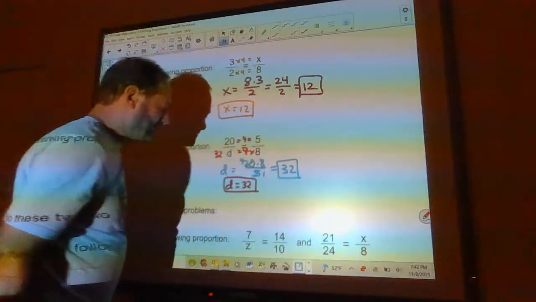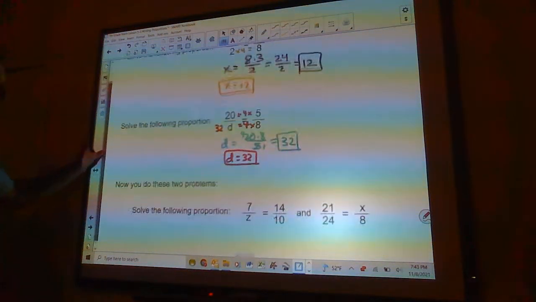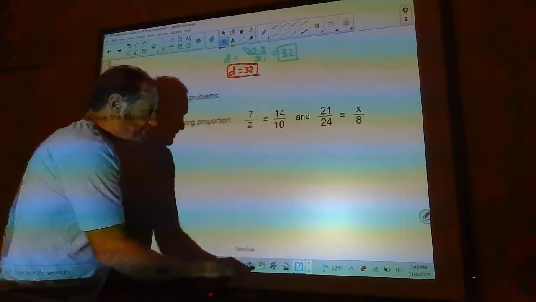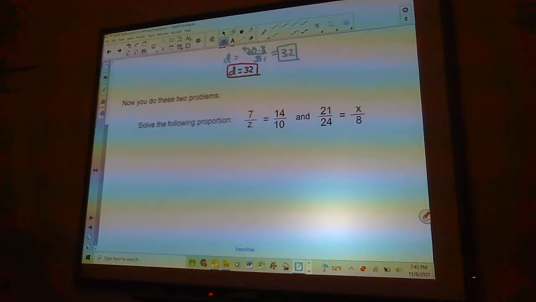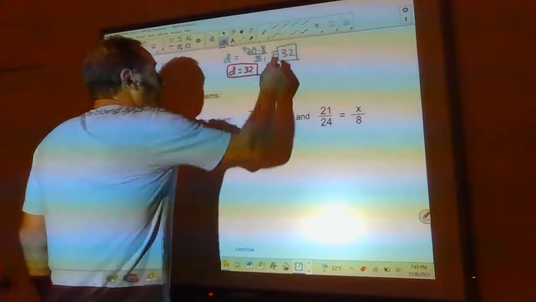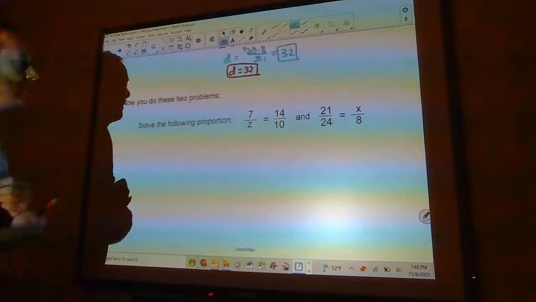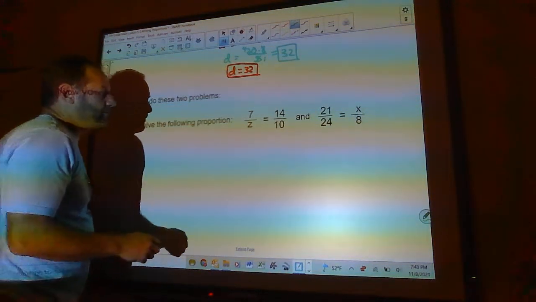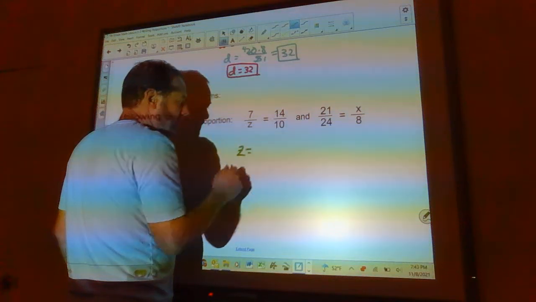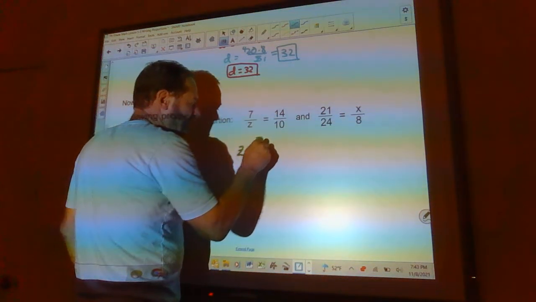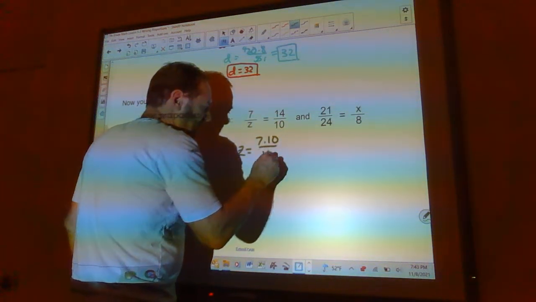Now I've got a couple for you to do. Solve the following two proportions: 7 over z equals 14 tenths, and 21 over 24 equals x over 8. I'll let you pause the video here, solve these problems, then jump back on and see how you did. Here I'm going to get z is going to be 7 times 10 divided by 14.